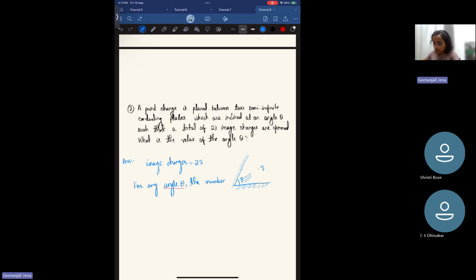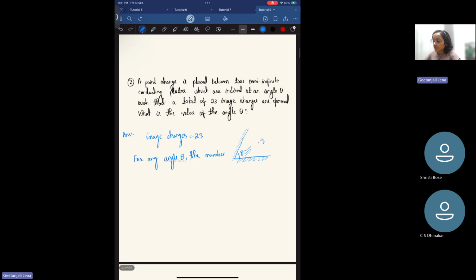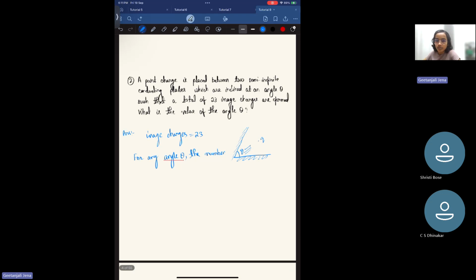To pi by n minus 1. Yes, you are correct. So the formula is 2 pi by theta minus 1, to be accurate.